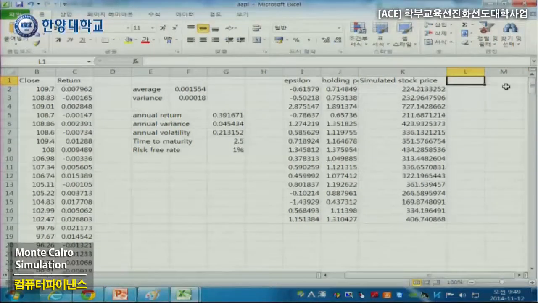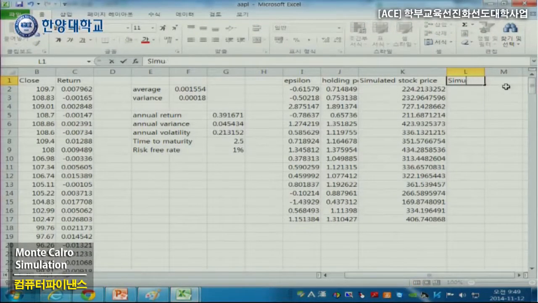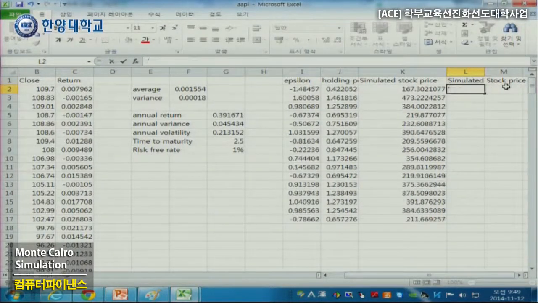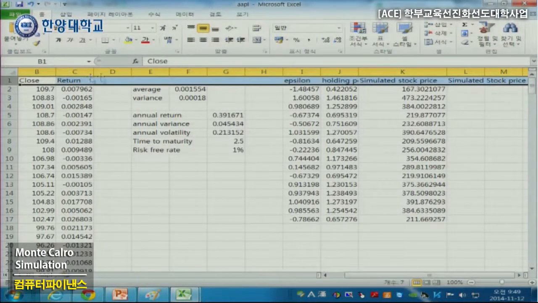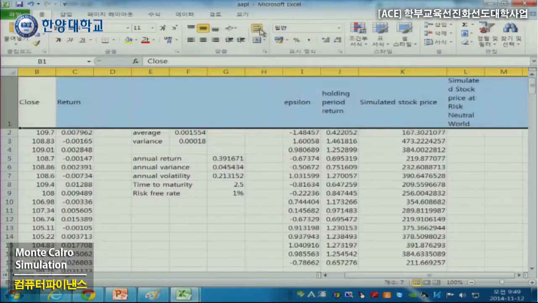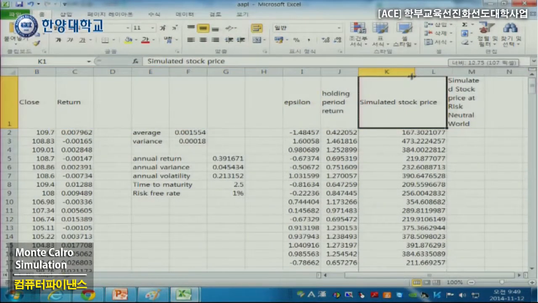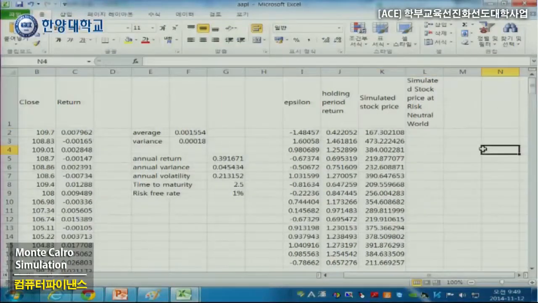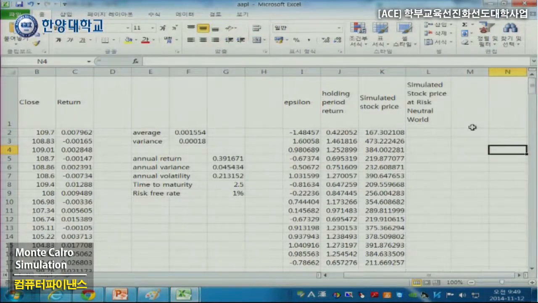Next we are going to simulate the stock price at the risk neutral world. What we have to do is slightly modify this one.